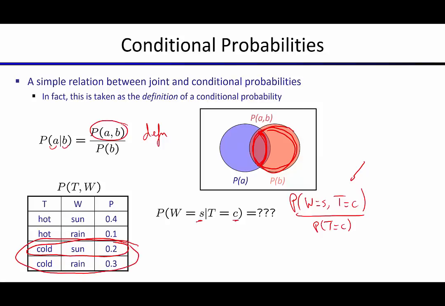So this is equal to the probability of S and C divided by the probability of S comma C plus the probability of rain comma C, which is 0.2 over 0.2 plus 0.3, which is equal to 0.4. All right?